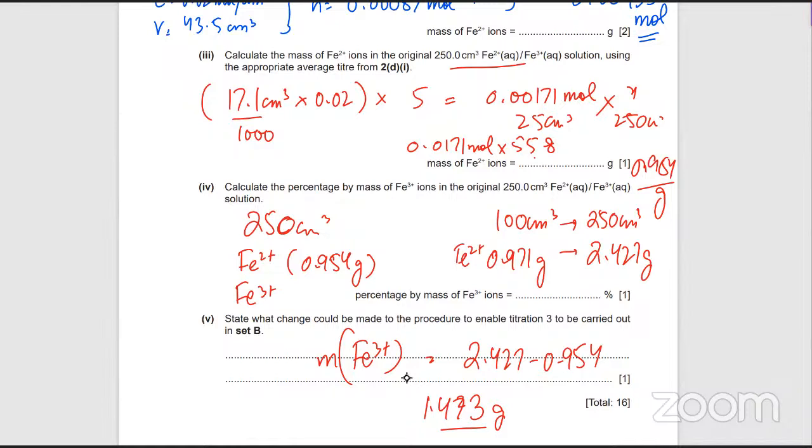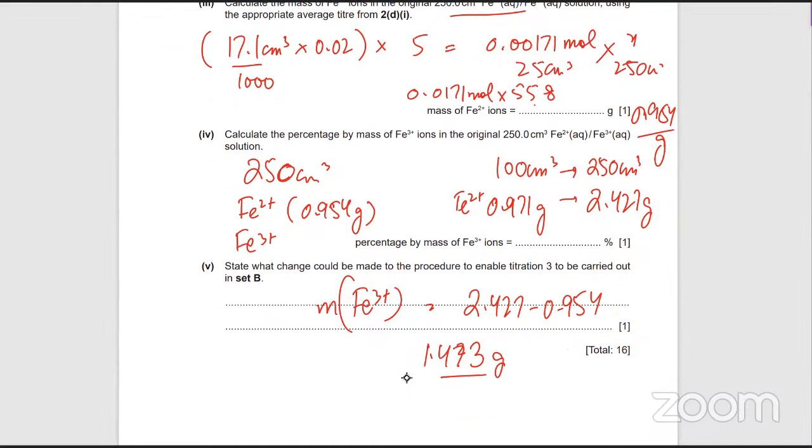Calculate the percentage by mass of Fe3+. तो यानी जो पूरा 2.427 grams है, just मतलब 0.954 is Fe2+, so this is Fe3+ plus Fe2+. और उसका Fe3+ कितना है वो ये आ रहा है. So you multiply it by 100 and you'll find the percentage. तो फाइनली वो आ जाएगा आपके पास. Is that clear? Yes, sir.